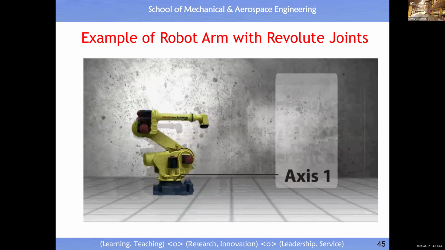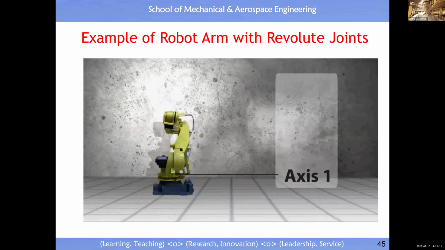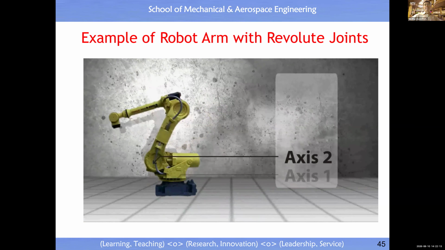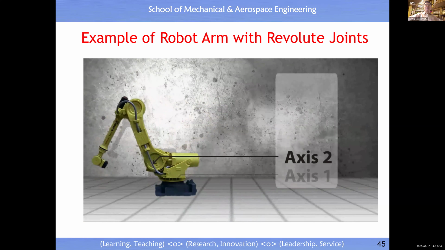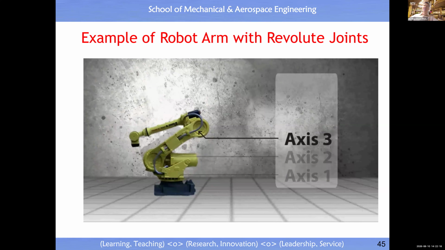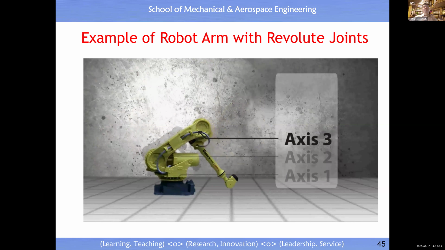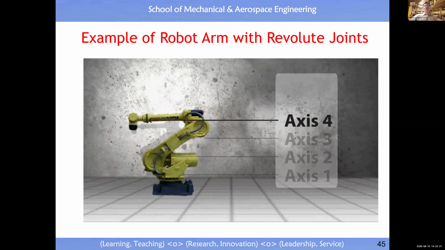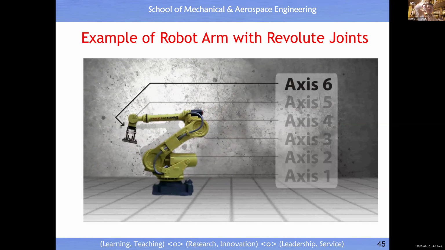This is terminology in robotics. And then you have more than one axis. Axis number 2, number 3. Number 4, right? So number 4 is twisting. Number 5 is a pivot, right? Then number 6 is also twisting.